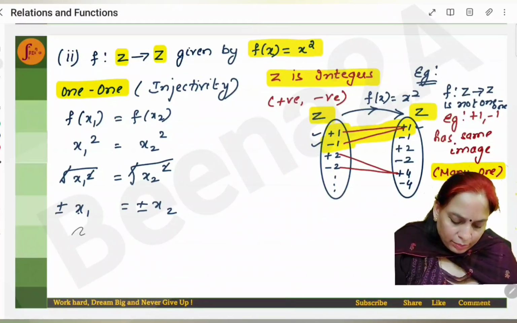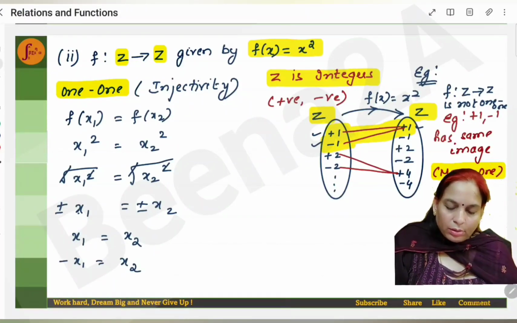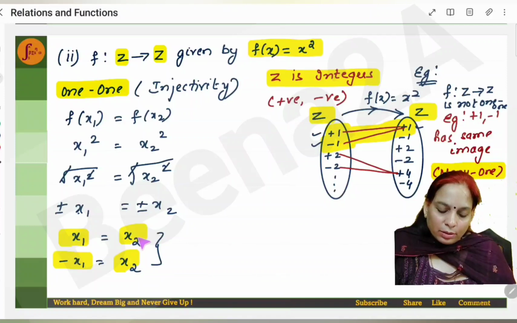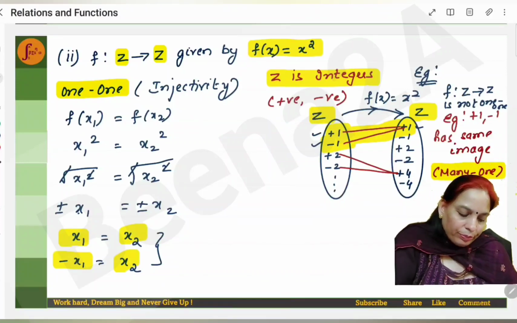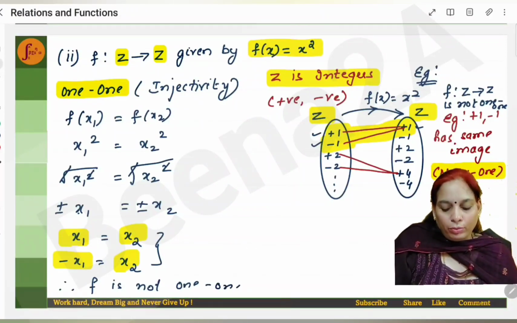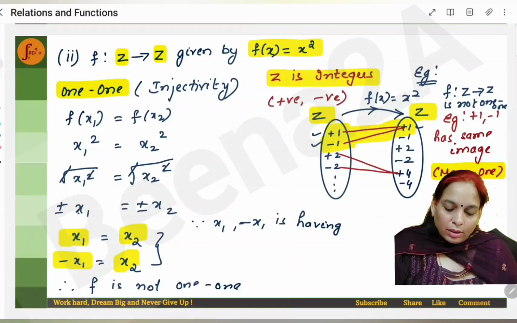So I can write this as plus x1 could be mapped to x2, minus x1 also could be mapped to x2. Now if you notice this, plus x1 and minus x1 both are mapped to the same image, right? Therefore you can say function is not injective or one to one because x1 and minus x1 have the same image x2.